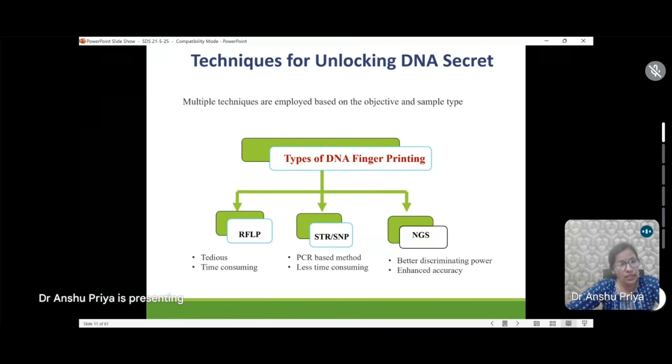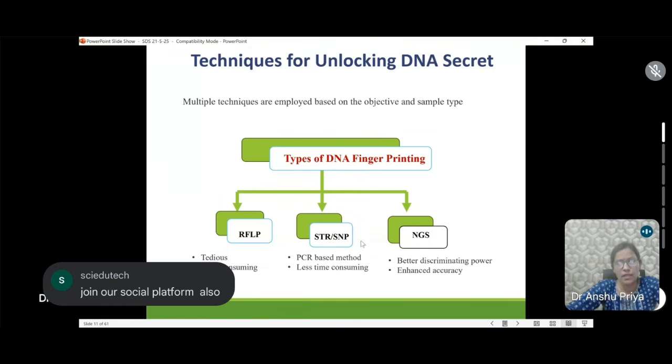In forensic science, sometimes we have a compromised sample, so if we do RFLP, we cannot get sufficient DNA. So the PCR method is a very good method, and we can get the DNA profile from a smaller amount of DNA and in less time. So this is the gold standard method, used in every lab.